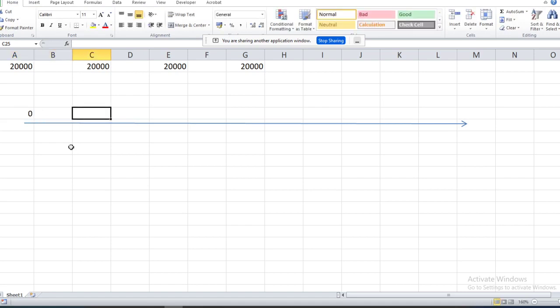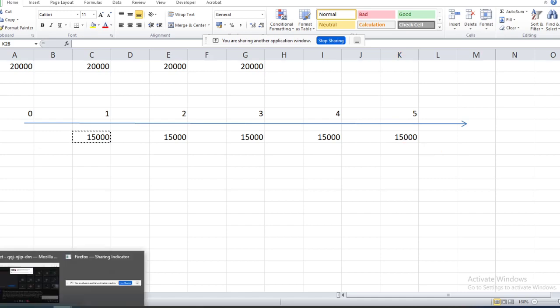That's today, 1 year from now, 2 years from now, 3 years from now, 4 years from now, 5 years from now. And let's say it's an investment, it's an annuity, where the bank promises to pay you whatever, let's say 15,000 5 times.